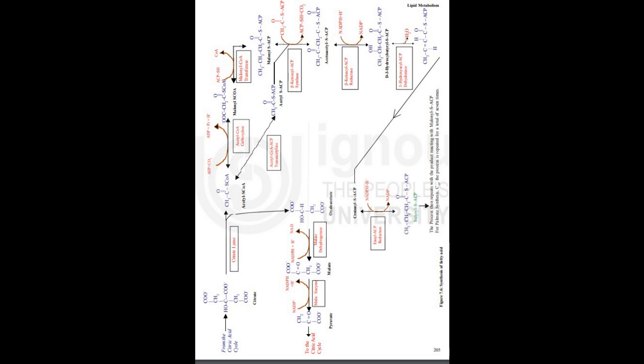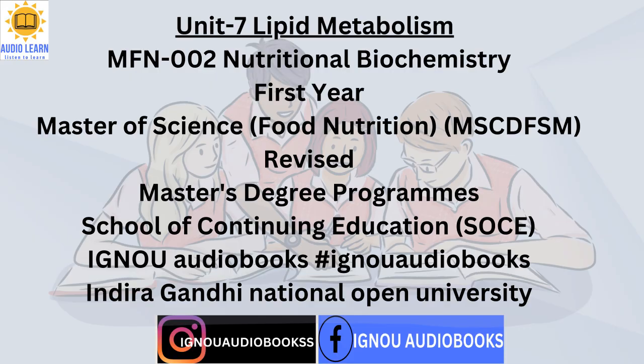The metabolic reactions involved in the synthesis of fatty acid are illustrated step by step in Figure 7.6. The synthesis occurs in the cytosol from acetyl-CoA. This is also called de novo, a fresh, synthesis. When glucose is abundant and the amount of citrate in the mitochondrial matrix exceeds the demand by the citric acid cycle, the excess citrate is transported out of the mitochondria into the cytosol by tricarboxylate translocase.